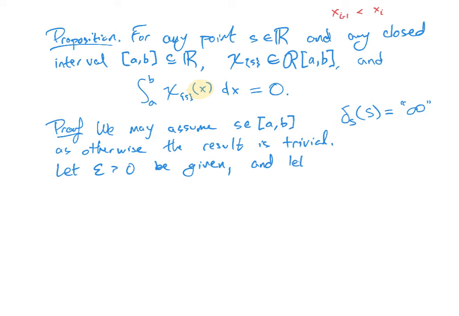So let P dot be any tag partition with norm less than epsilon over 2. Remember the way I defined it, a tag partition is a partition together with some tags.